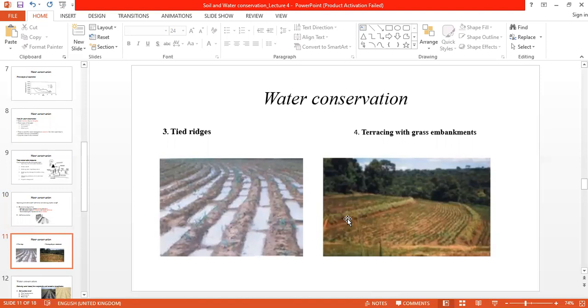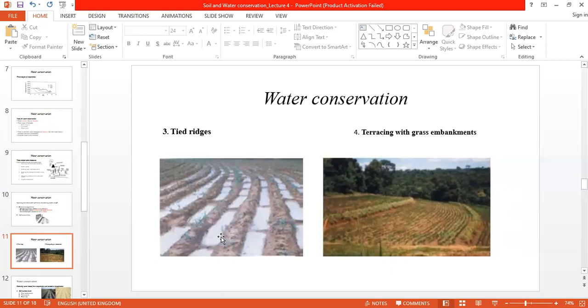Then there are what we call tied ridges, where you do your ridges the normal way, but now you start to make these dikes. You block it. So what you want is that when you have rainfall, water that is collecting in here does not run off going this direction.